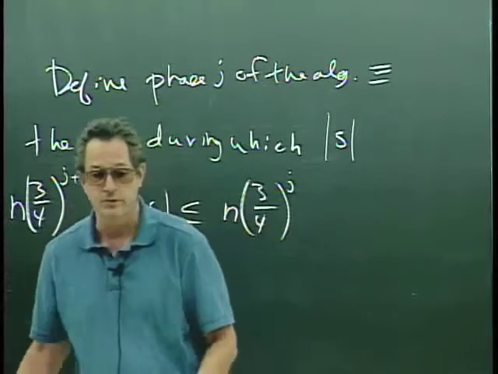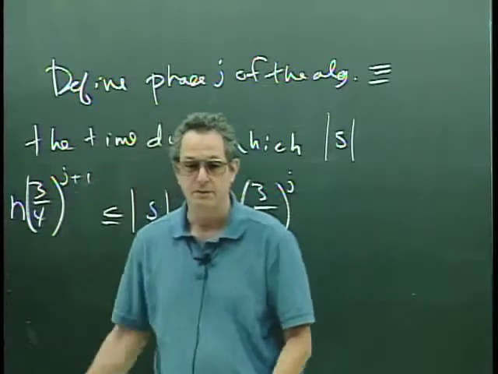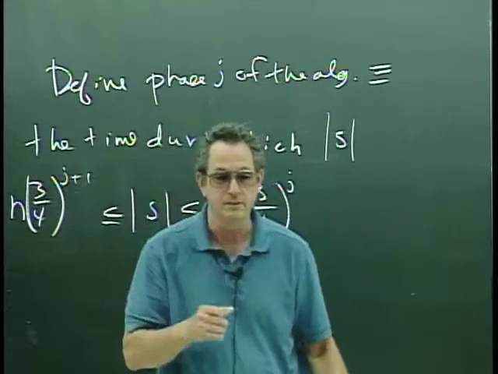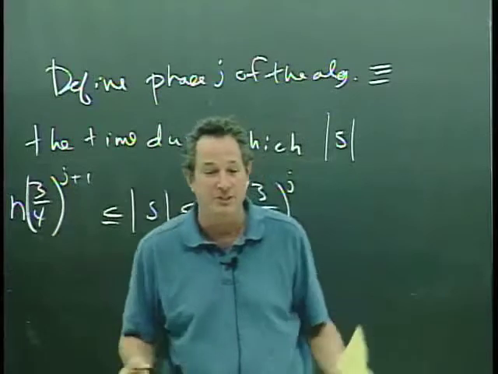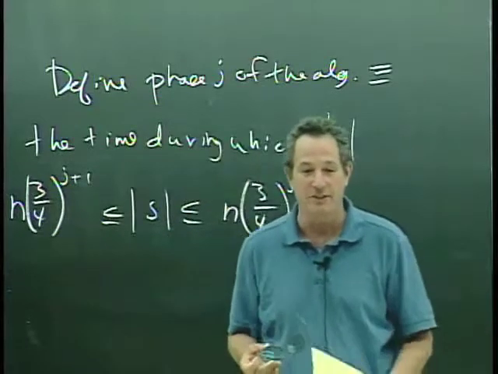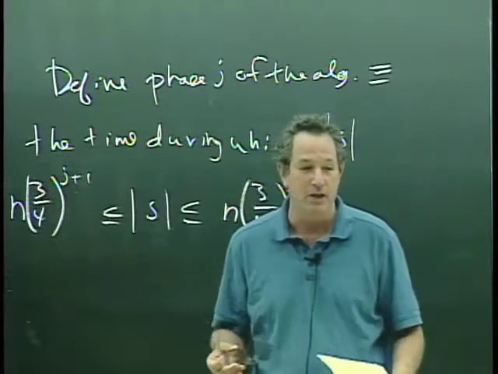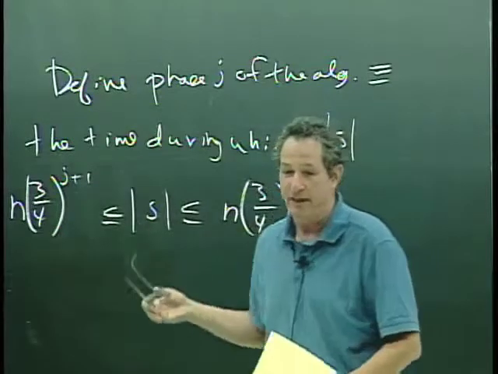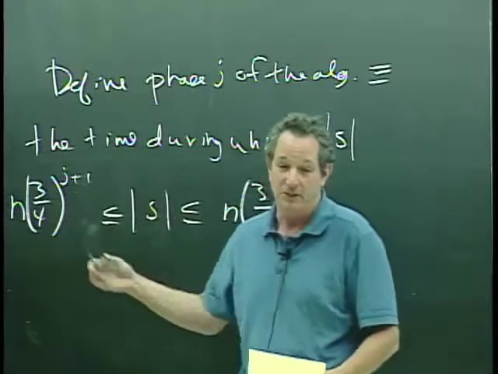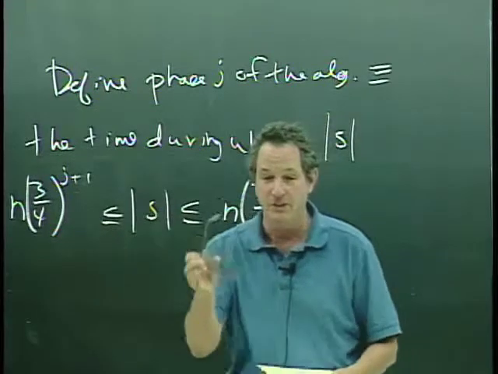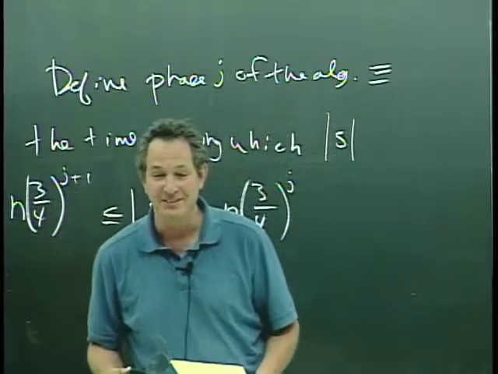Next definition, and if anybody has any questions, what's the most obvious question about this? Why 3/4? Why phase J? Why anything? And the answer is, you don't yet see. For the moment, it's just some definition. How many times can you be in phase J?